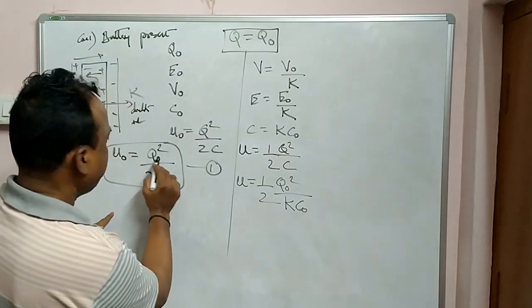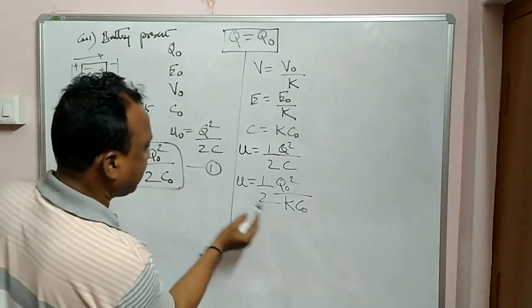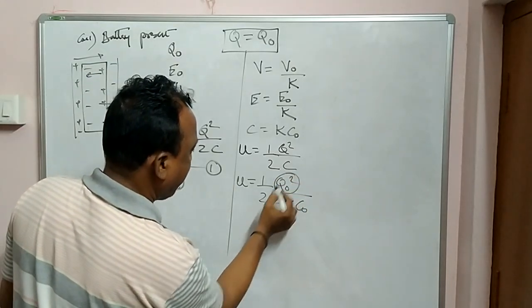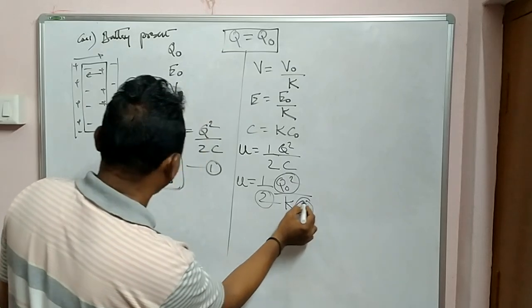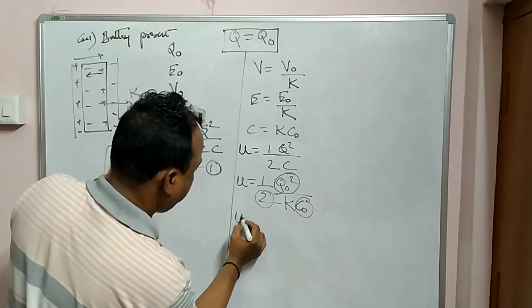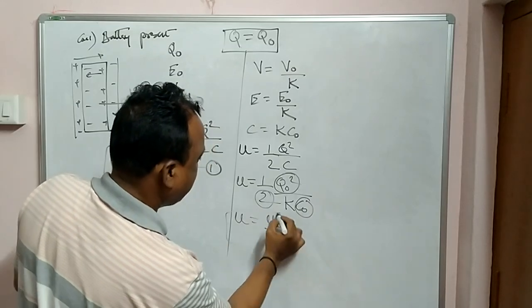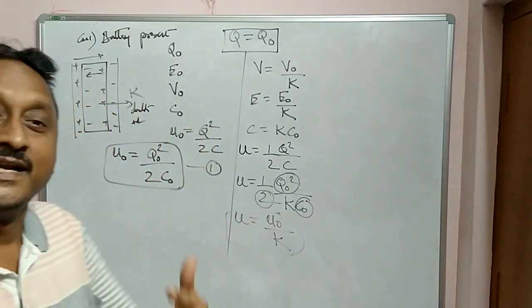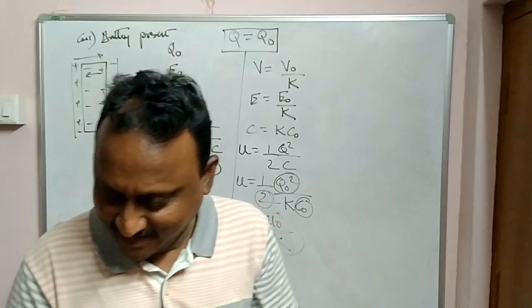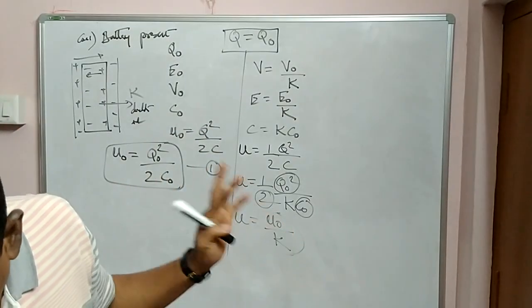Observe carefully: Q square by 2C naught is equal to U naught. Therefore, U is equal to U naught by K. So what is the new energy? It decreases by 1 by K times.